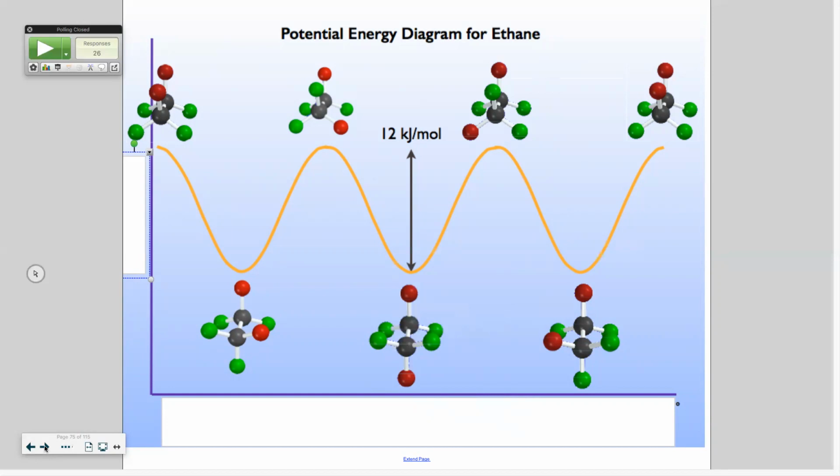To draw a potential energy diagram, number 1, you need axes, an X and a Y. The next thing you need is labels for your axes. The y-axis is called potential energy.